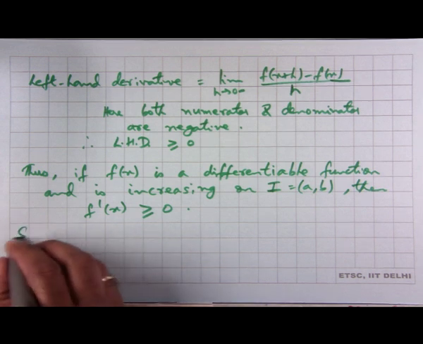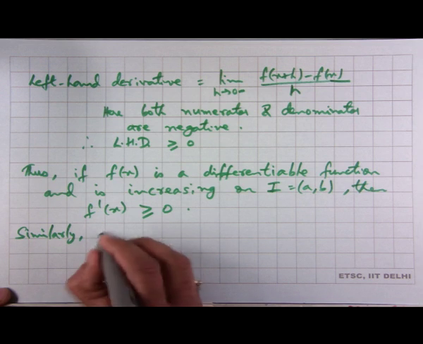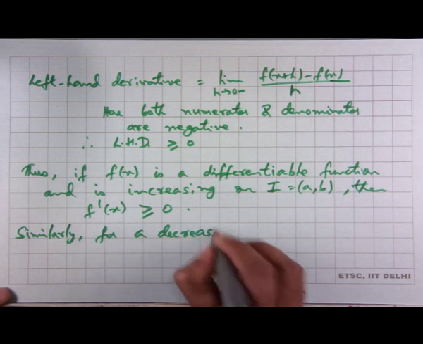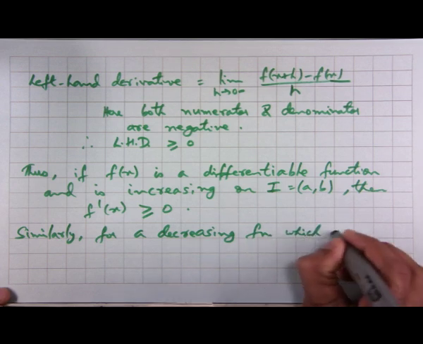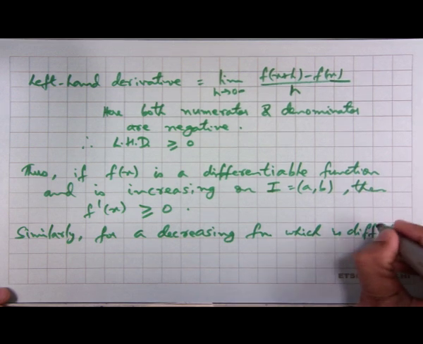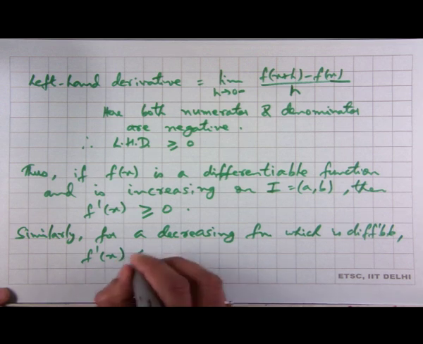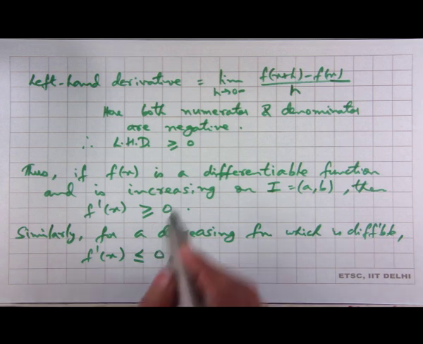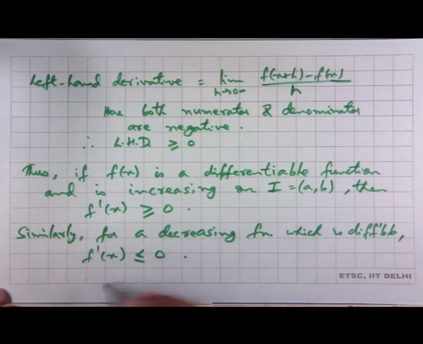Similarly, for a decreasing function which is differentiable, f prime x must be less than or equal to 0, right. So, if it is increasing, then the derivative is greater than or equal to 0. If it is decreasing, then the derivative is less than or equal to 0.